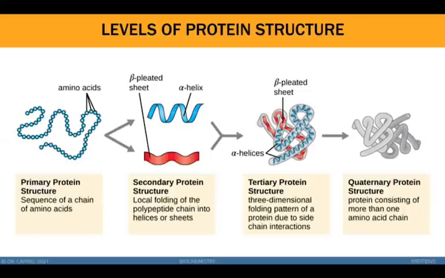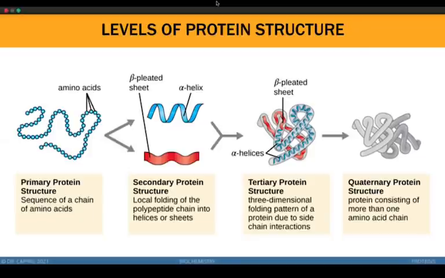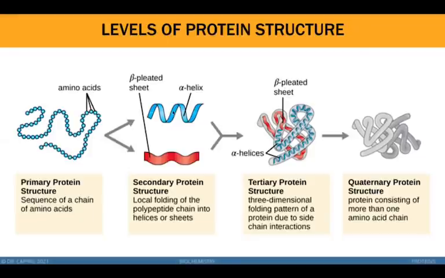This is the one-dimensional structure of protein. The important bonding between two amino acids are the covalent peptide or amide bonds. When we say secondary protein structure, this is the local folding of the polypeptide chain into helices or sheets.